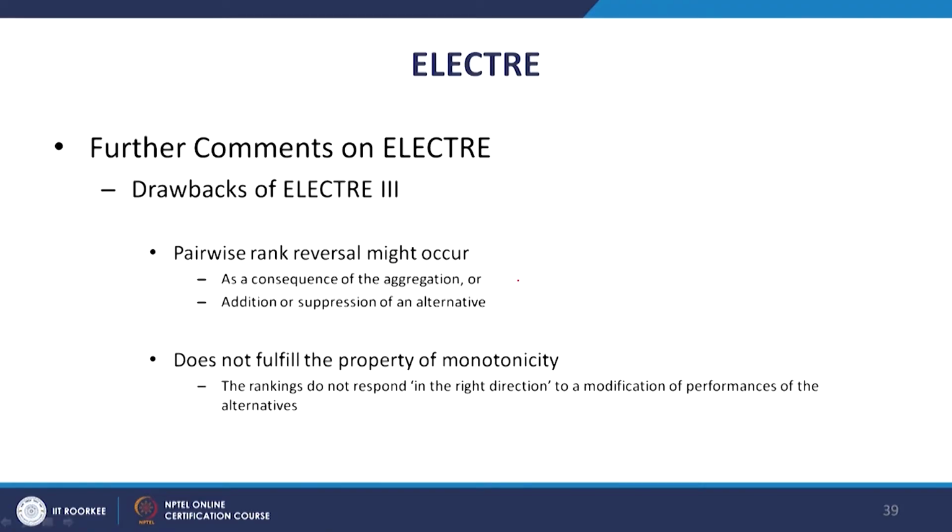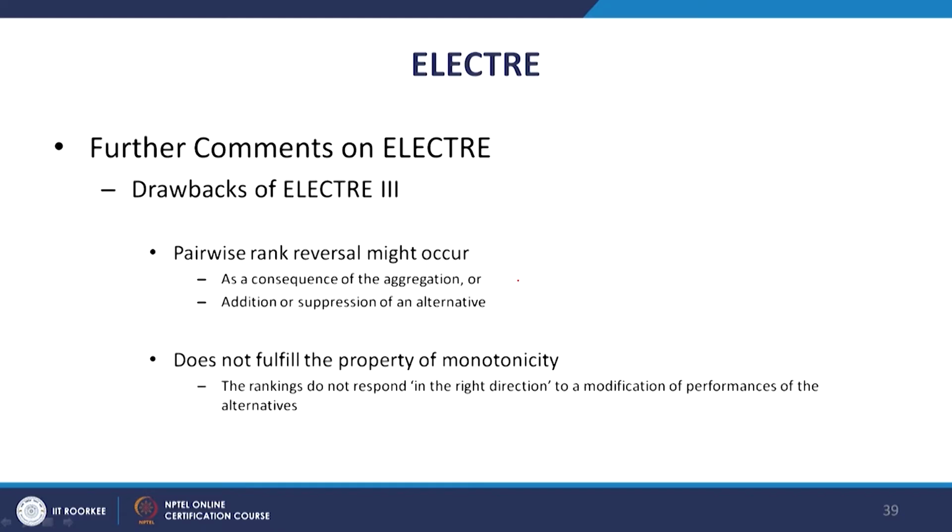Then addition or suppression of an alternative can also change this, because local comparisons might change, or get changed at the global level. So addition or suppression might also change the final ranking and lead to a rank reversal, and the aggregation itself can lead to rank reversal.